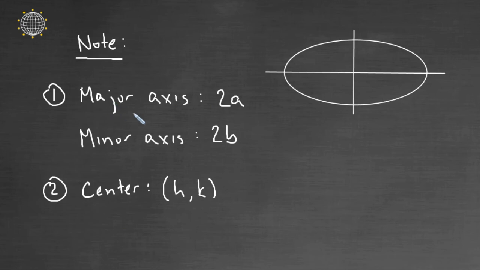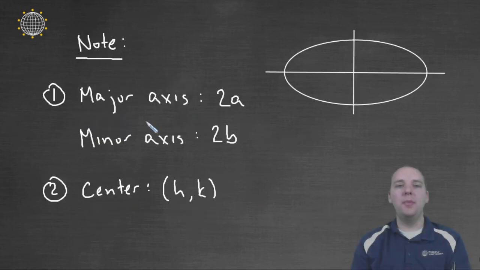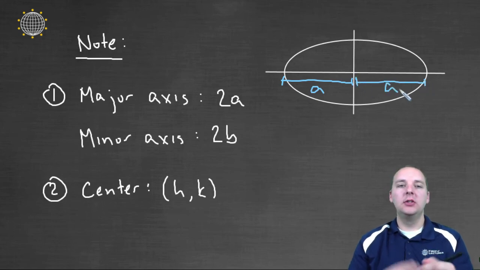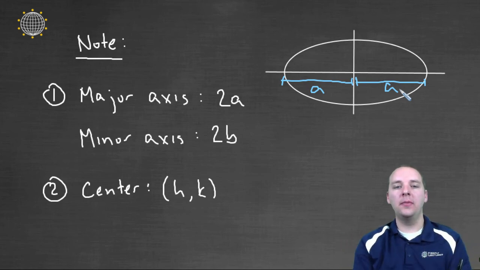Okay, a couple notes here. What are these a's and b's, and the h's and the k's? The major axis here, the longer axis, this distance from the center out to the vertex is going to be a. So you have a on both sides from the center out to the vertex. So the major axis is 2a units long.